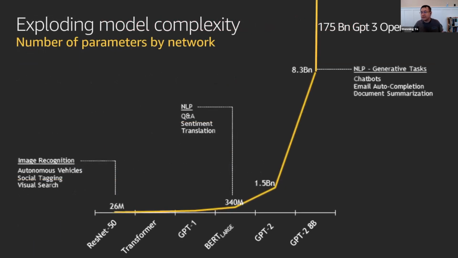So the first thing I want to point out is that there's an exploding model complexity in the industry. So how did we get here? I would say in 2013, 2014, I was actually at Microsoft Research at the time. ImageNet was a big breakthrough because we suddenly had this data set that we can actually train models on.